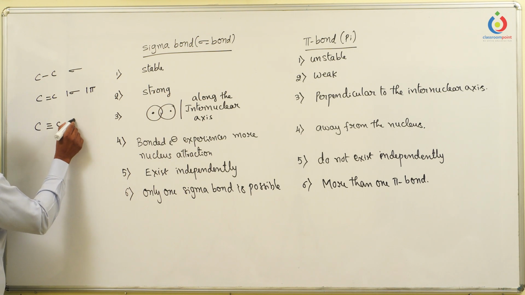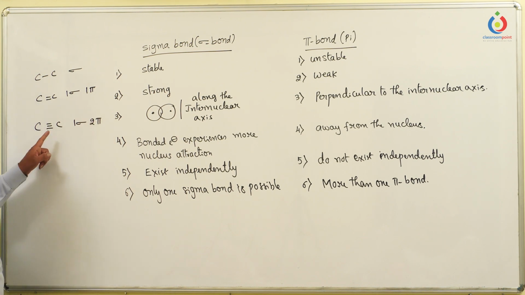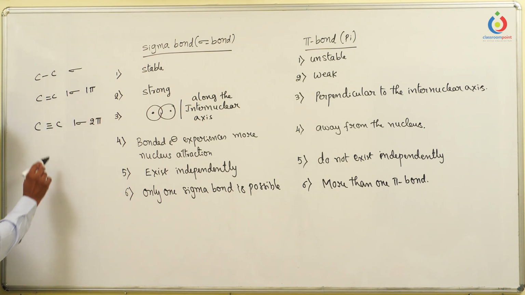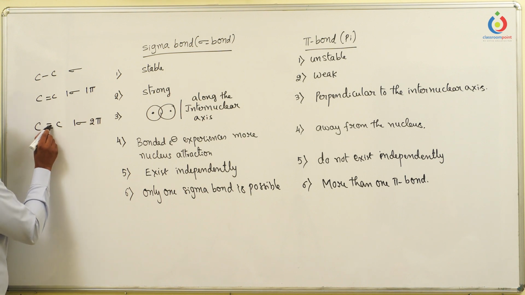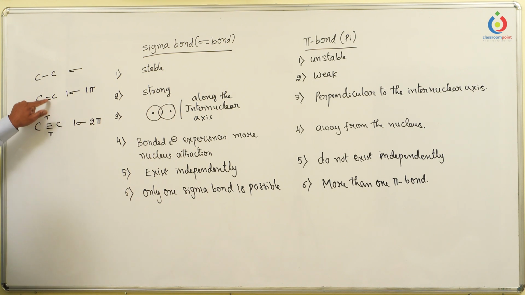Carbon-carbon triple bond means one is sigma, two are pi bonds. So only one sigma bond is possible between any two bonded atoms, but more than one pi bond is also possible. In the case of the triple bond, the middle one is sigma bond and the lower one and upper one are called the pi bonds. Here one is sigma, one is pi, and here only sigma bond is present.